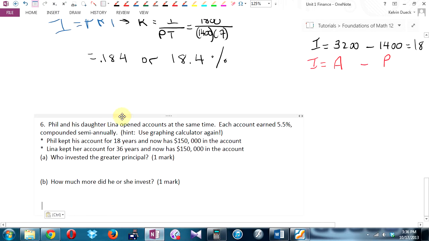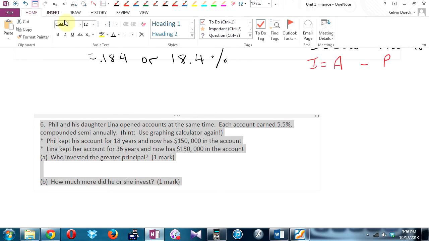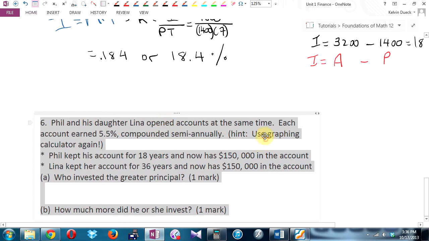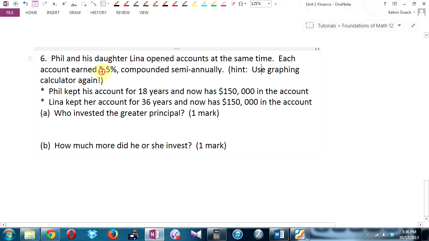A little small. Can I make it bigger? Yeah, I can. How? There. You guys can read that, I think, in the back? I hope. Yes? Okay.